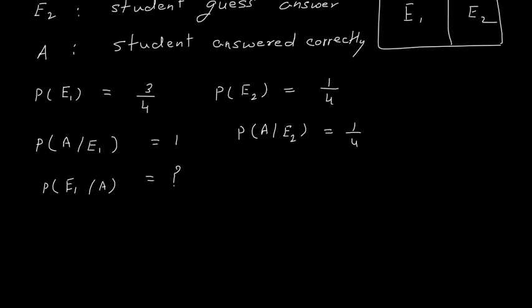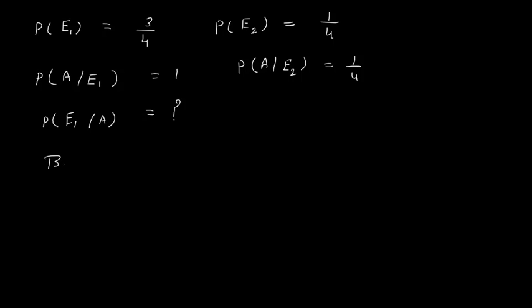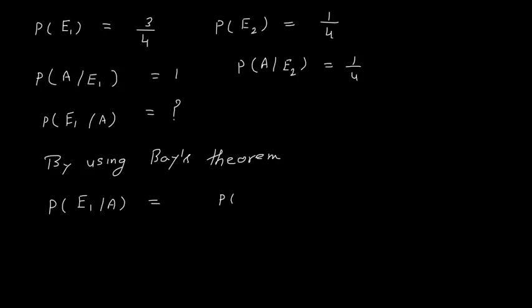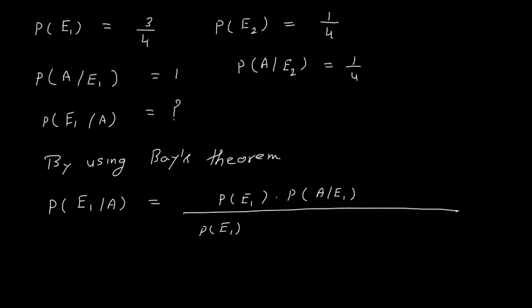Again, by using Bayes' theorem, I will say that probability of E1 by A is equal to probability of E1 into probability of A by E1, whole divided by probability of E1 into probability of A by E1 plus probability of E2 into probability of A by E2.